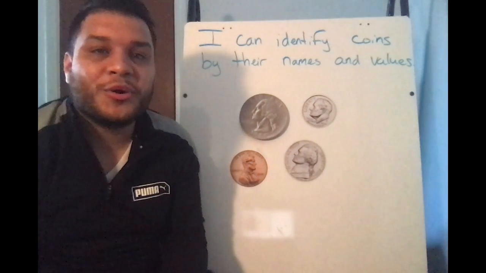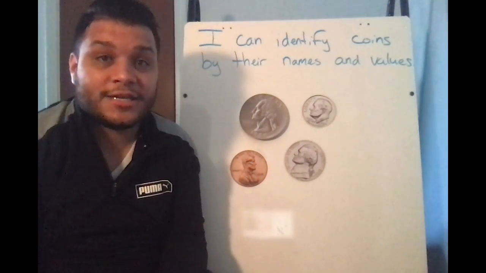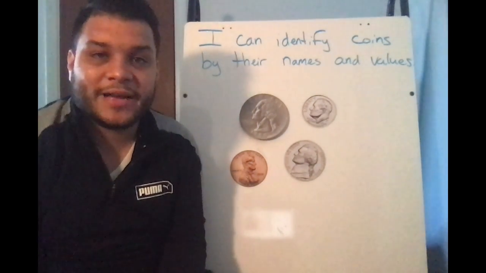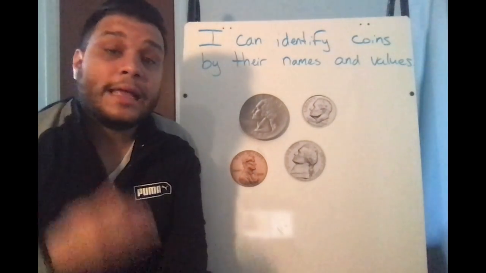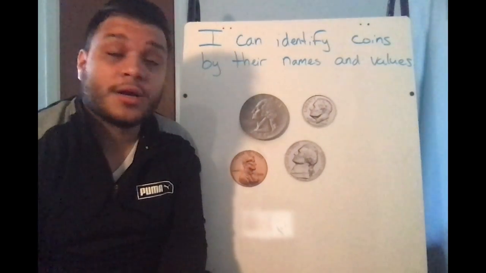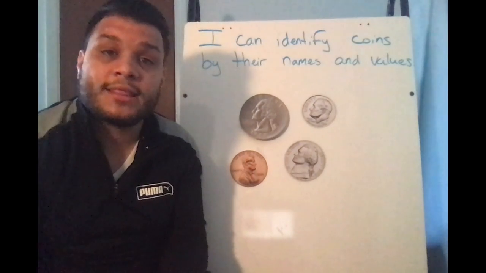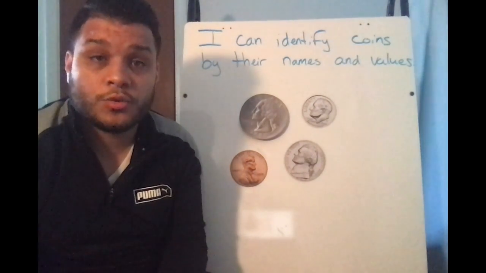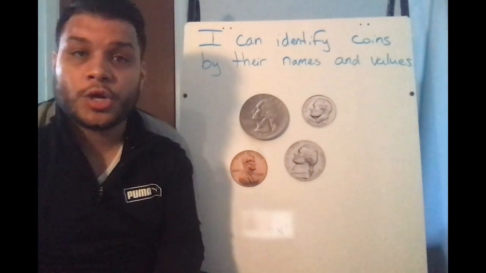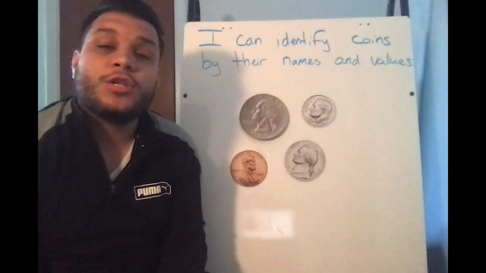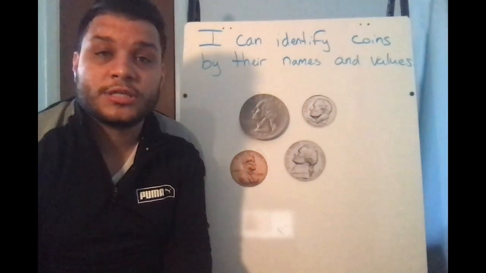No. Are we going and trading in our sneakers or our favorite toys to buy stuff? No. In the United States of America, we use money in order to buy things. So when you go to the corner store, or when you're going to Walmart or Target or any of these places, you have to use money in order to purchase an item.